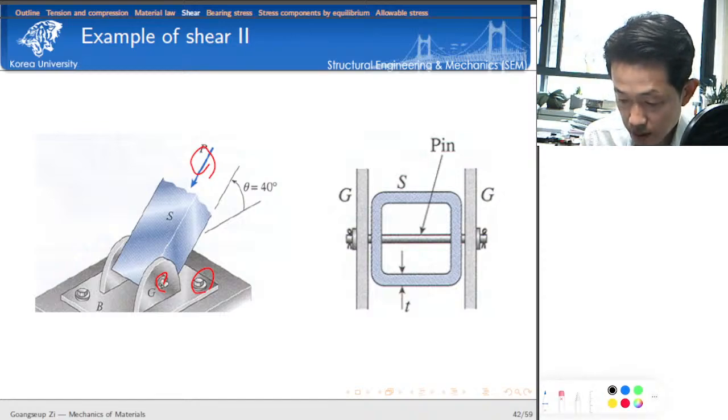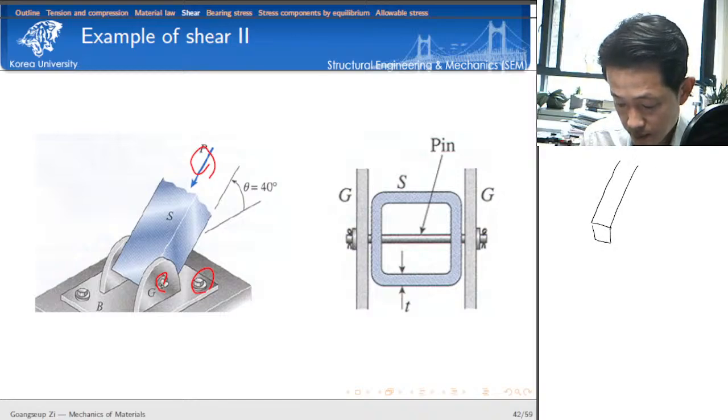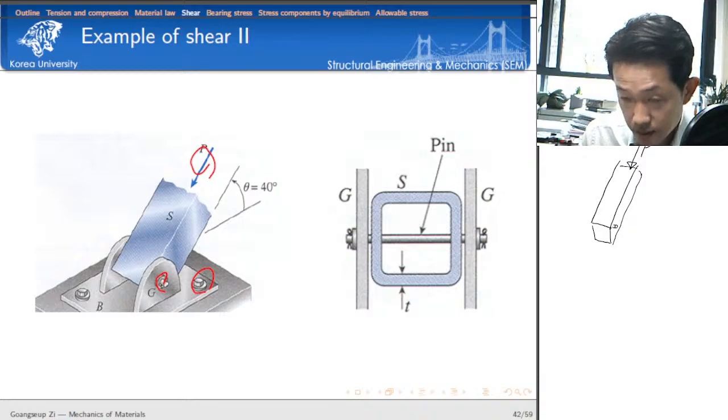Let me change the color here. So I have the strut, and make sure that this strut is subjected to load P, and then it is resisted by this pin here. So if you look at the side view, the load transmitted to the strut is resisted by this pin.